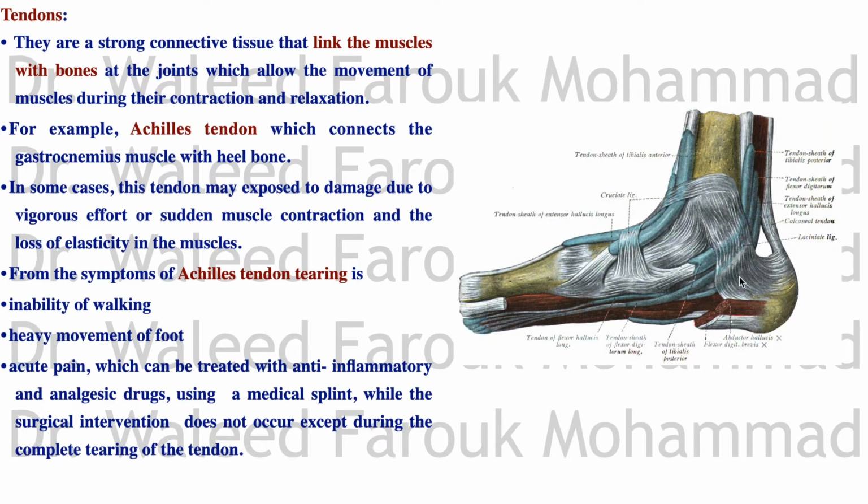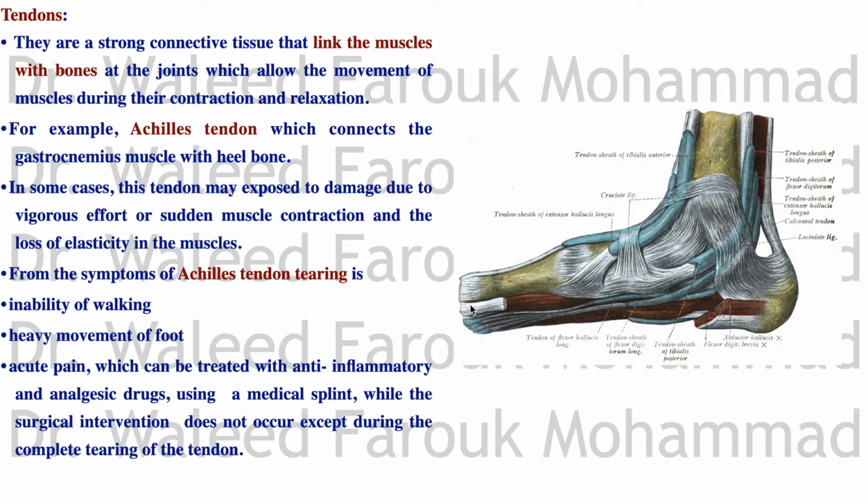It's well known, like the Achilles tendon tearing, and also in football, there is a type of injury in which this tendon gets partially torn or completely torn. When the Achilles tendon is torn, one will lose the ability to walk.